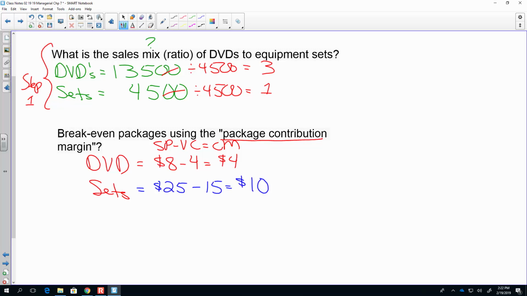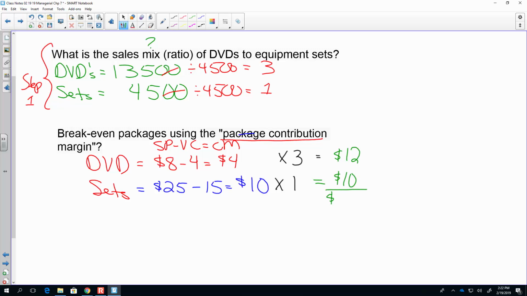Okay, now what do I do? Because I want the package margin, I don't want the individual ones. So I've got to multiply by the mix, right? How many DVDs do I sell? Is it the 3? 3 to every one set, right? So for my package then, I have 12 and 10.